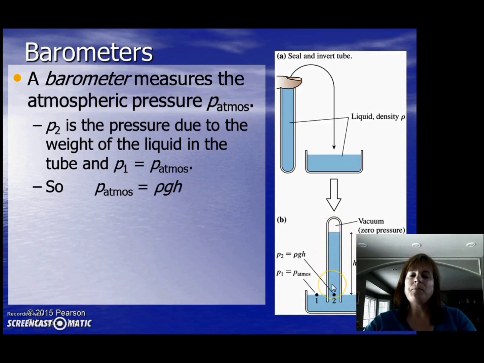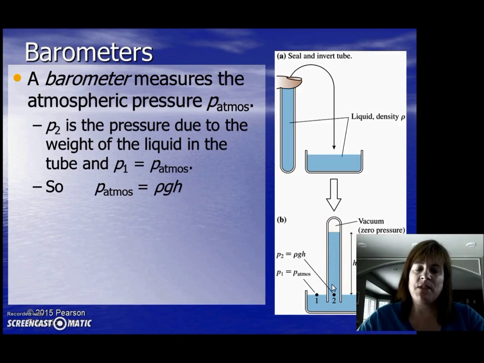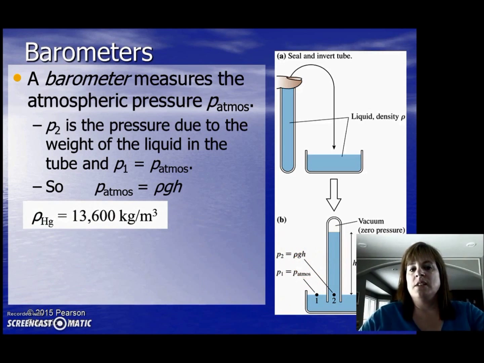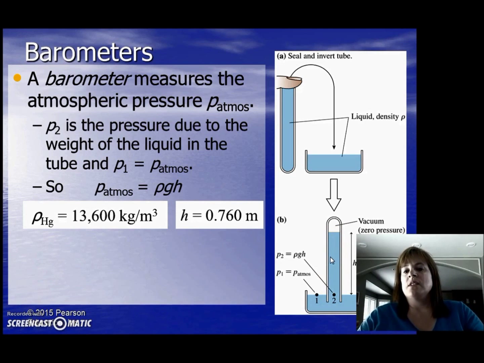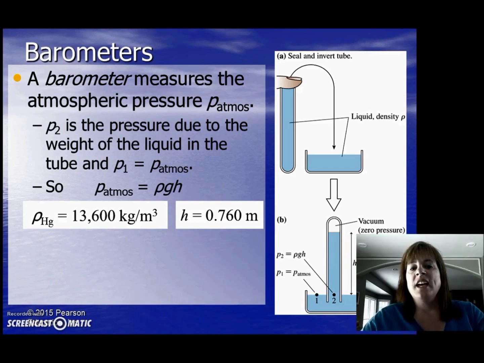Now, how they came up with atmospheric pressure is they did this with mercury, and the density of mercury is 13,600 kilograms per meter cubed. When they did this at sea level, they found that the height of the mercury in the tube was 760 millimeters of mercury, or 0.76 meters. So if you've ever heard the term 760 millimeters of mercury, it came from the barometer measuring atmospheric pressure at sea level.